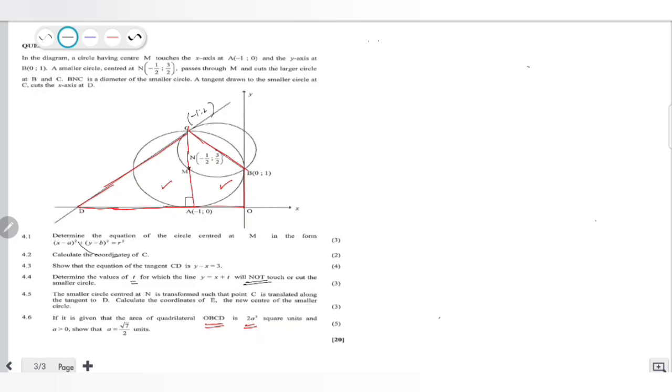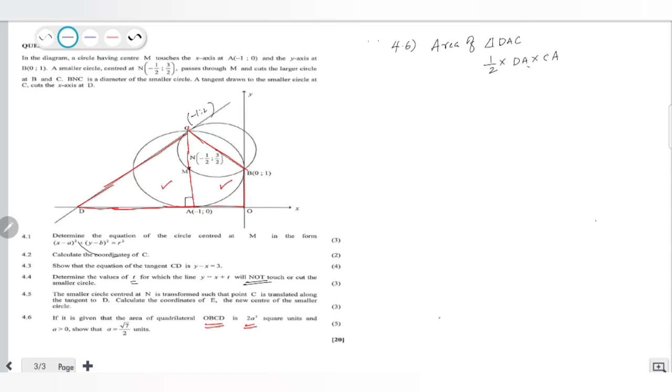And the area, let me write it here, 4.6. Let me find it step by step. Area of triangle DAC. How do we get it? Since it's a right angle triangle, you can use half times base times height. You can choose those sides which are perpendicular. That is DA times CA.